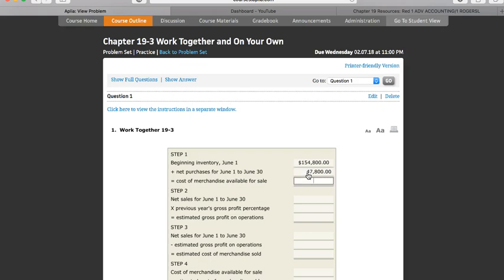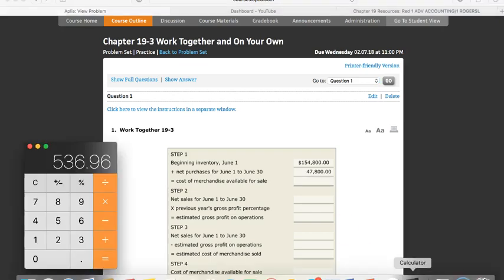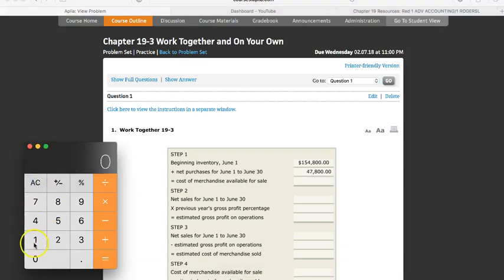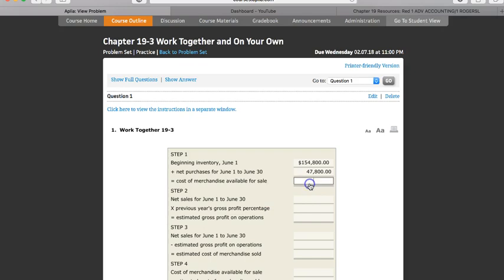And that's going to equal the cost of merchandise available to sell. So if we add this up, 154,800 plus 47,800, you're going to get $202,600. Okay, so that's step one.